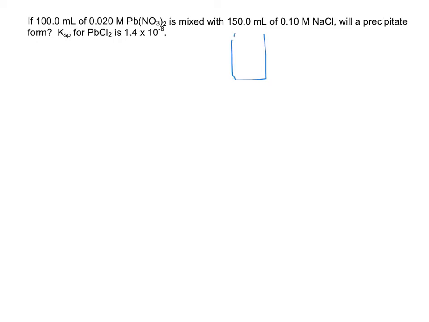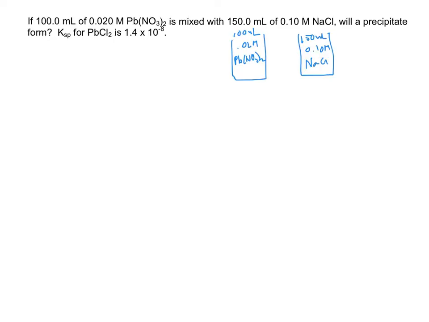I have 100 mils of 0.02 molar of the lead nitrate, and I have another solution that's 150 mils of 0.1 molar NaCl, and I'm going to mix them together.